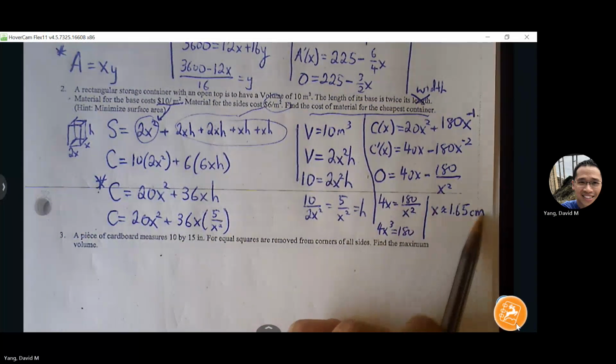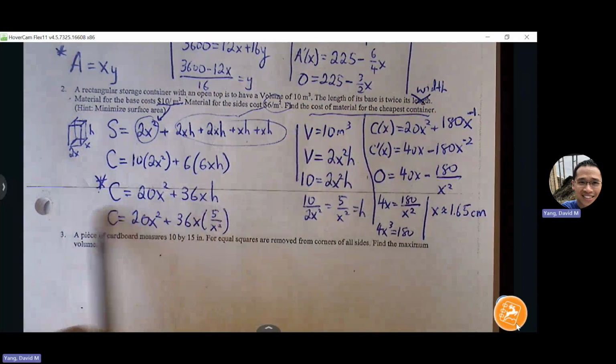So take this x, insert it into any of the cost equation.